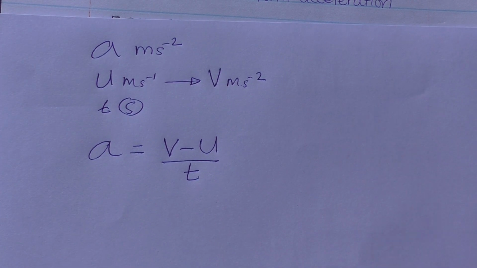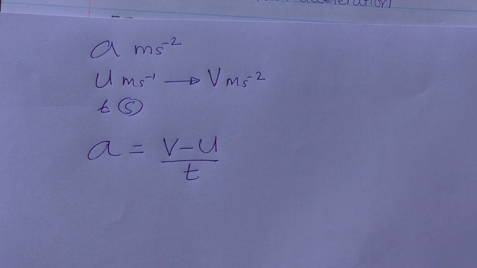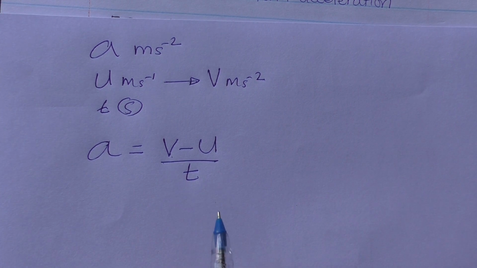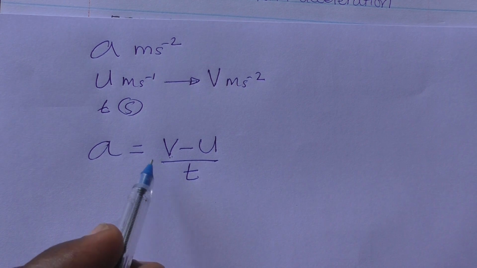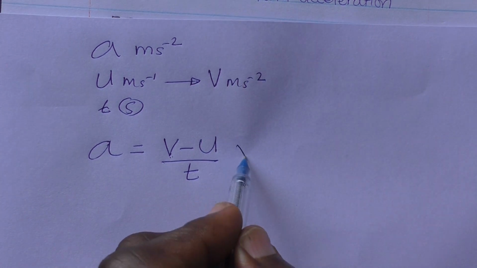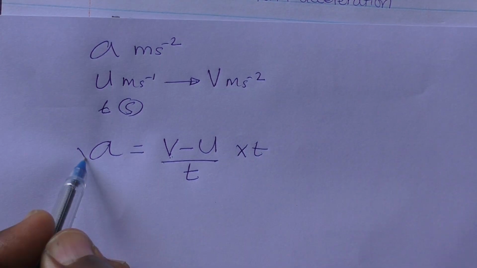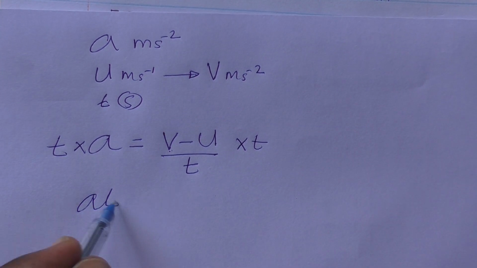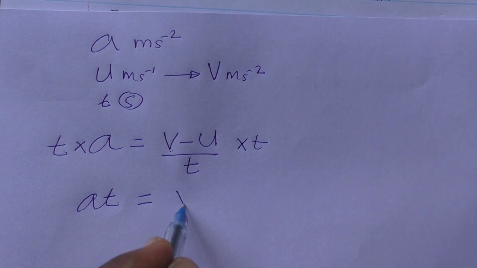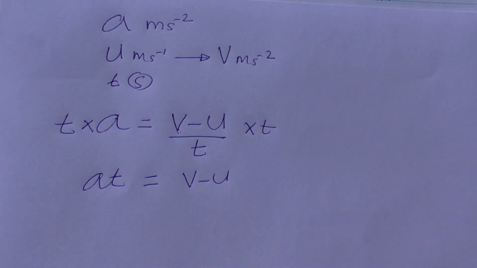So from this formula for acceleration, we shall make final velocity the subject, because it's what we don't know. In making v the subject, we shall first of all multiply by time, and this gets us at equal to v minus u.